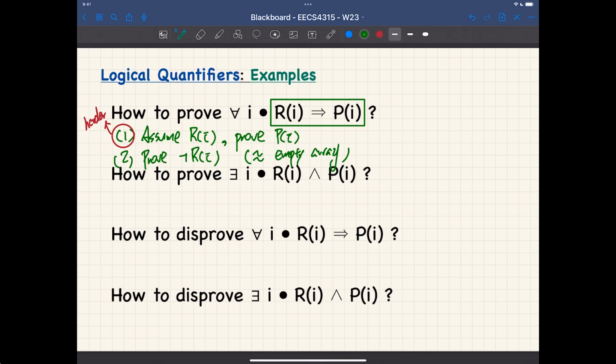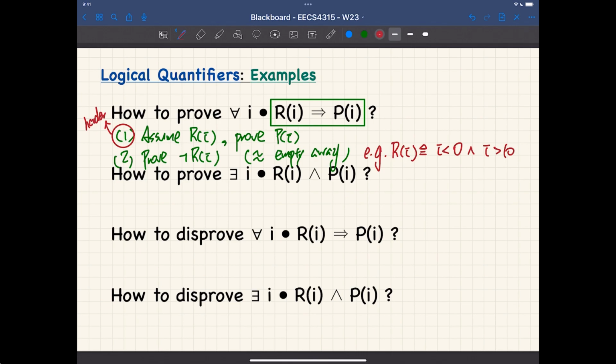For example, I'll give you one example. R of I could just be defined as I less than 0 and I larger than 10. In this case, do you really have to go through all the integers? You don't have to, because these two intervals are simply not overlapping at all.